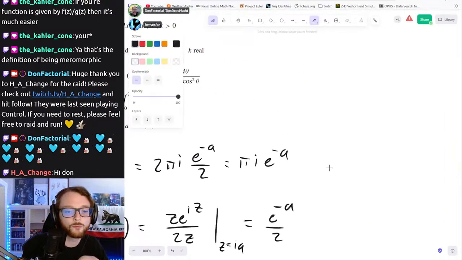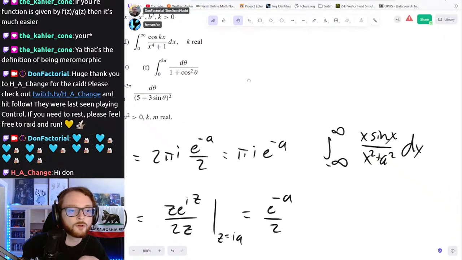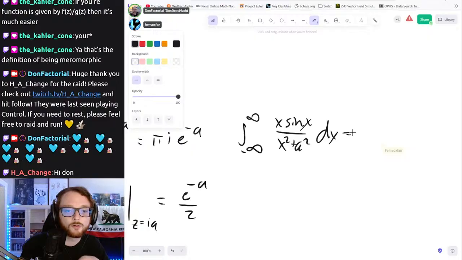Okay, so then the result of the actual integral that we were interested in, x sine x over x squared plus a squared dx, is the imaginary part. I think so.